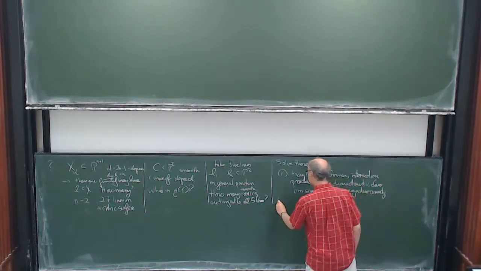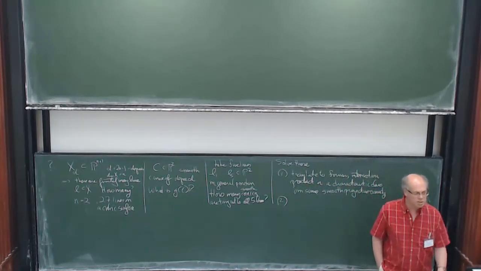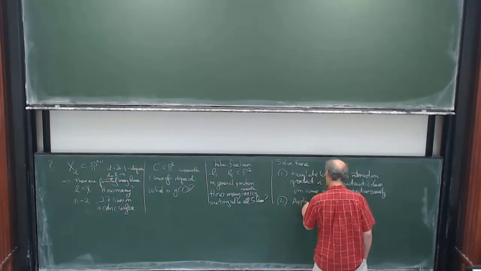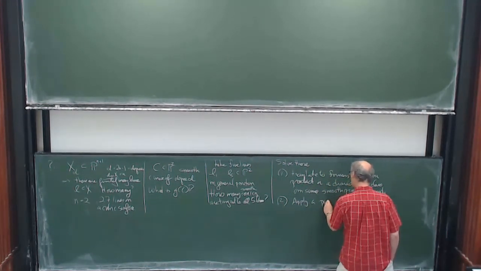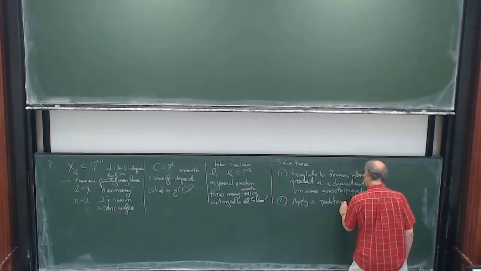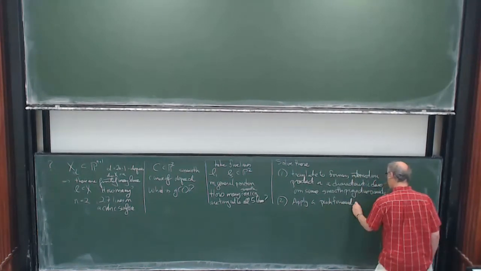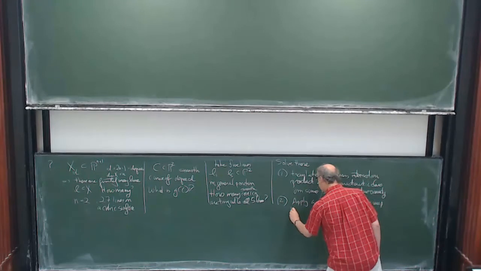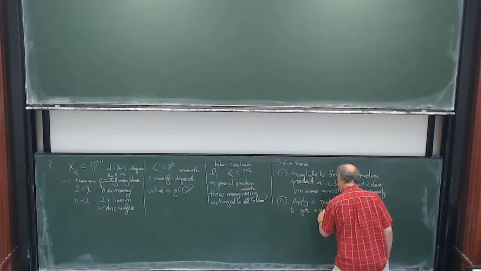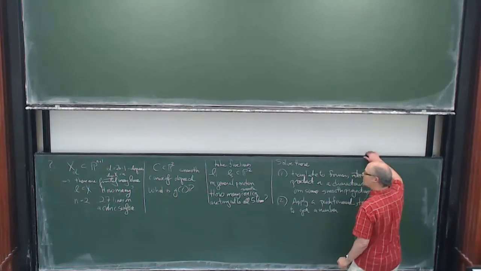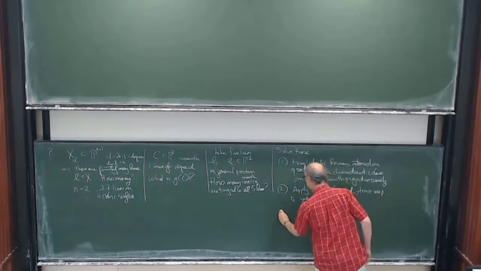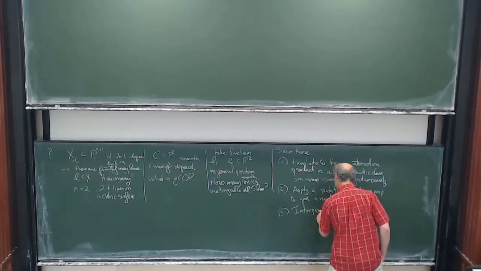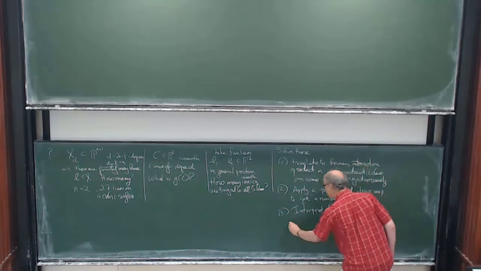And then you get some class, so a cohomology class or a class in a Chow ring, and then you apply either a push-forward map, or, depending on your taste, a trace map, to get out of this a number. And then you interpret the number, or possibly even reinterpret the number.